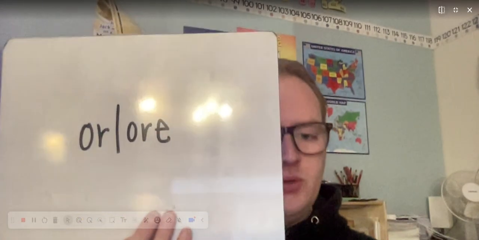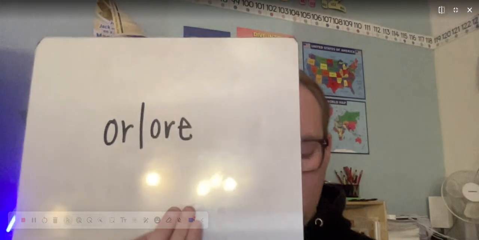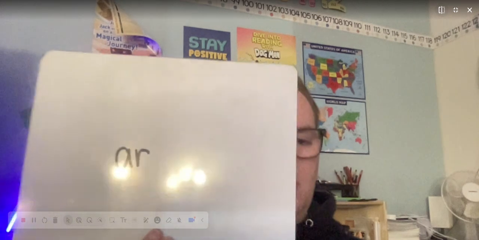Go ahead and write the letter or letters that spell the sound or. I have 2 spellings, OR and ORE. Go ahead and erase. We have 4 more, I think. The next one we're going to write is R. Just 1 spelling for R. A-R. Good.